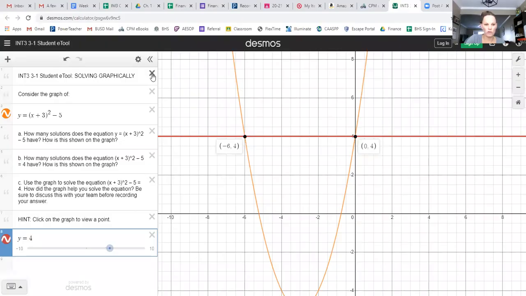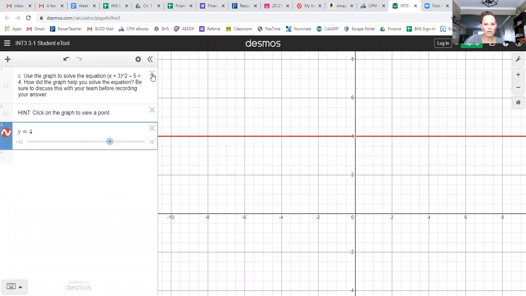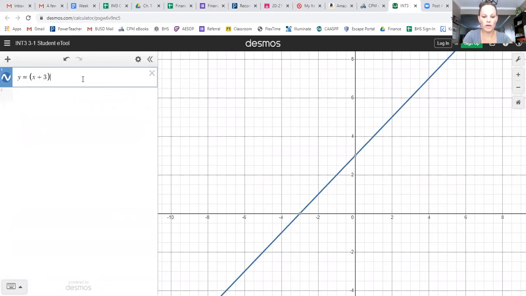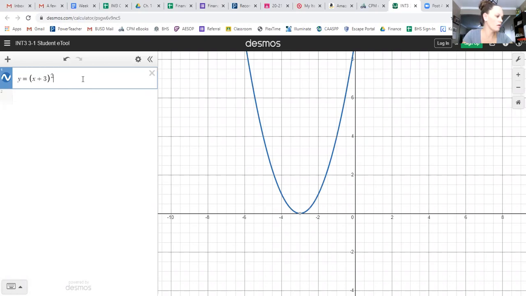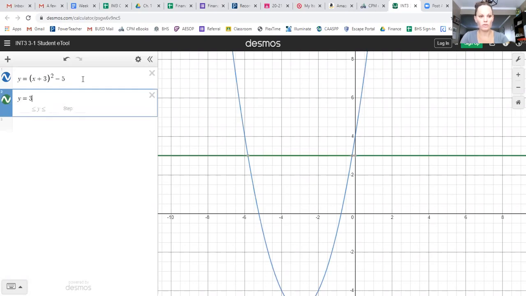All right, so just get rid of all of this. So y equals x plus 3 squared minus 5. And y equals 3.